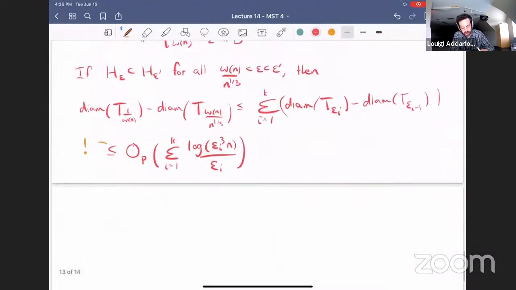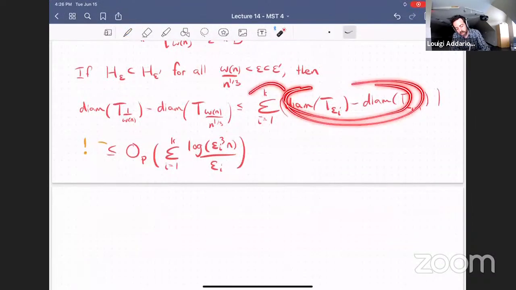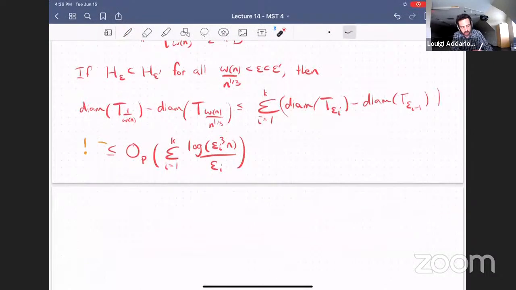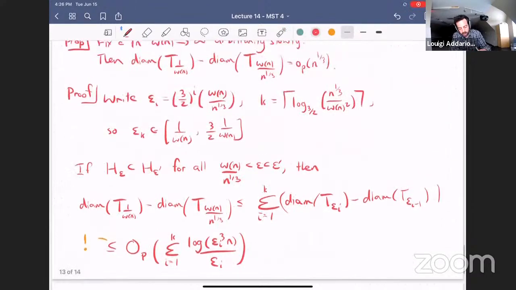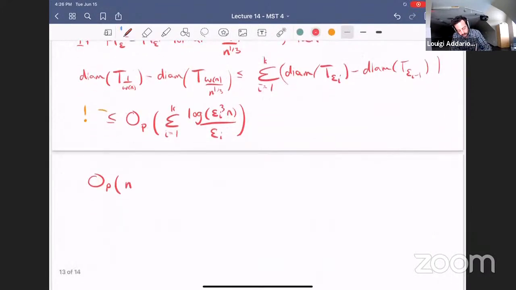But if you're willing to accept that our bounds on the diameter increase can be combined in this way, then this gives us overall a bound, just using the definition of epsilon I, of 3/2 to the I omega n over n to the third, which is like n to the third, and then the sum from 1 to k of log of 3/2 to the I omega n over 3/2 to the I omega n.